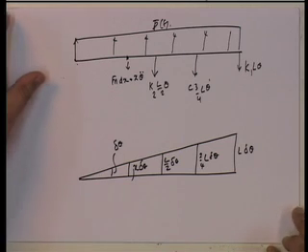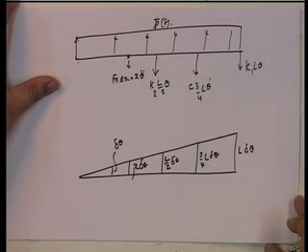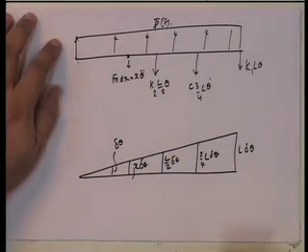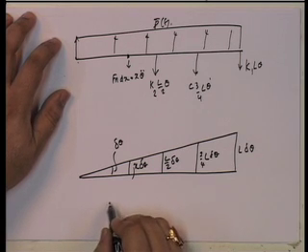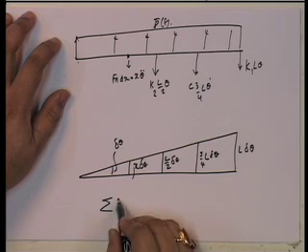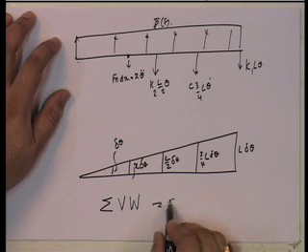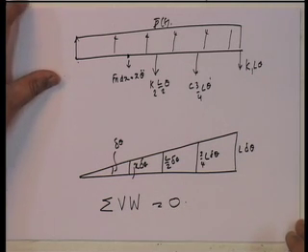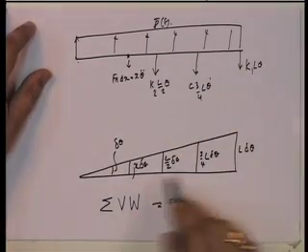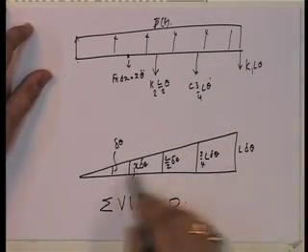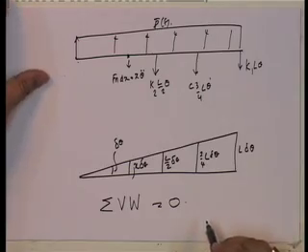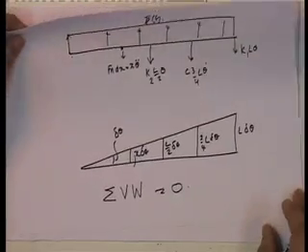Therefore, what we now do is write down the virtual work equation, where the summation of virtual work is equal to 0. Each of these forces undergoes these virtual displacements, and we see what is the work done.